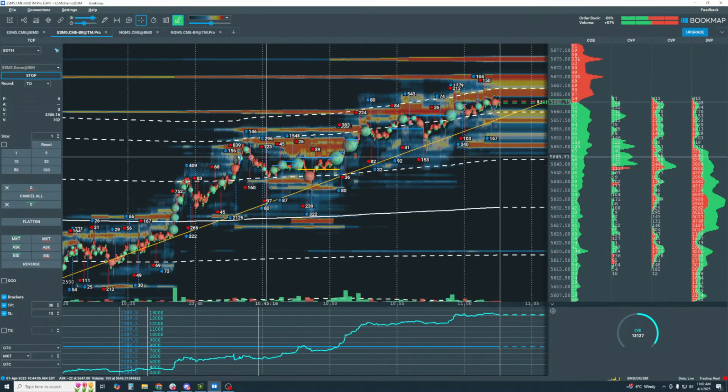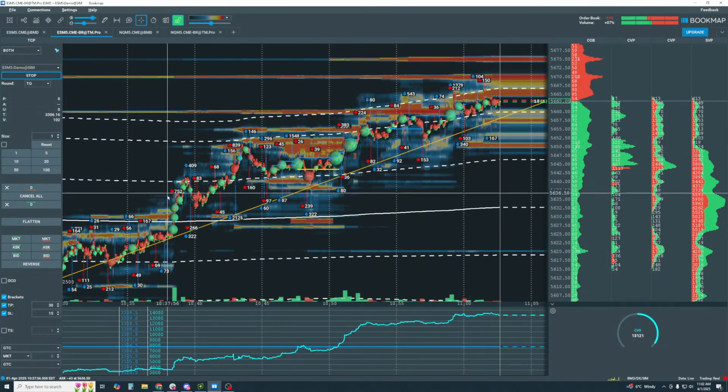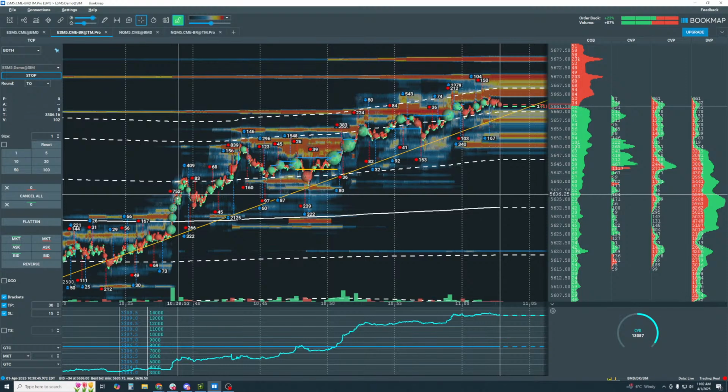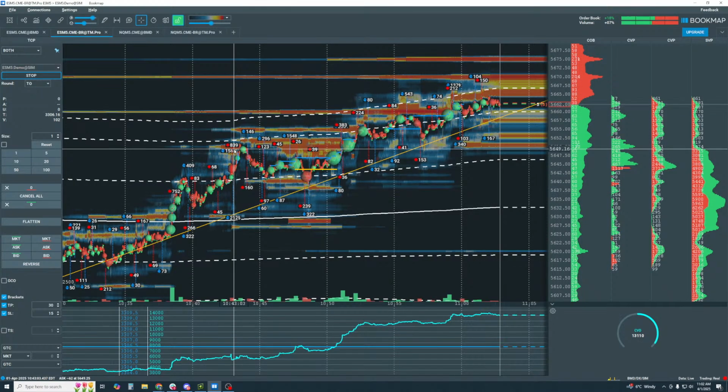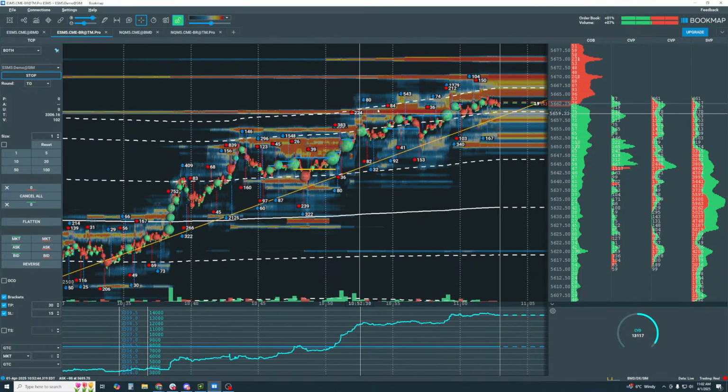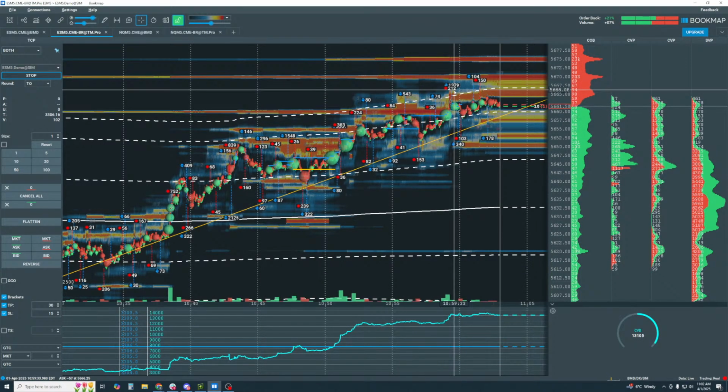And some just brutal stop runs in here. Huge. I know these are aggregated when we zoom out, but 752, 839, 123, 383, 224, 212, and these are huge.